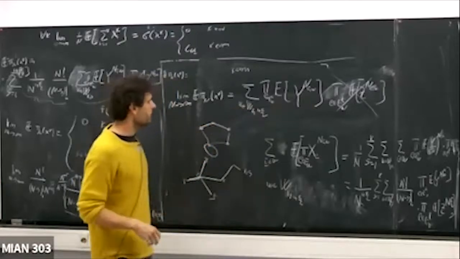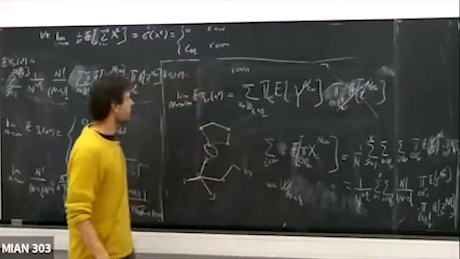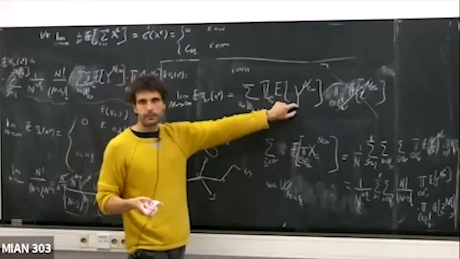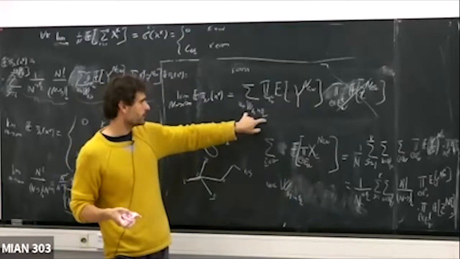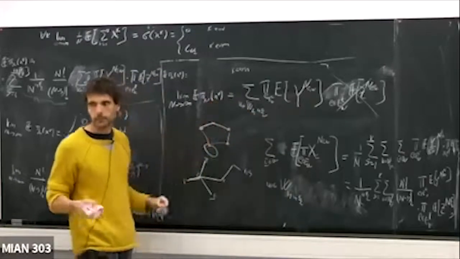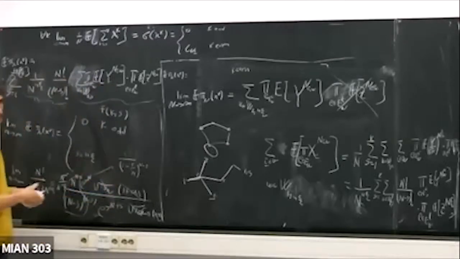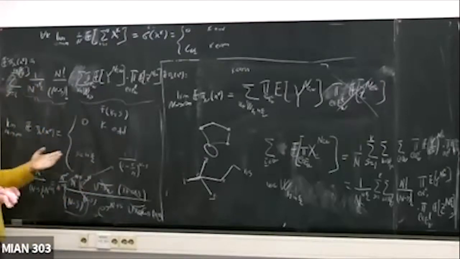Then this is non-zero, and it is 1, because we assume that the variance of this random variable was 1. So we just need to check that the size of these sets is the Catalan number. We will see next time, but I wanted to tell you where this circle is coming from. It's coming from these trees.